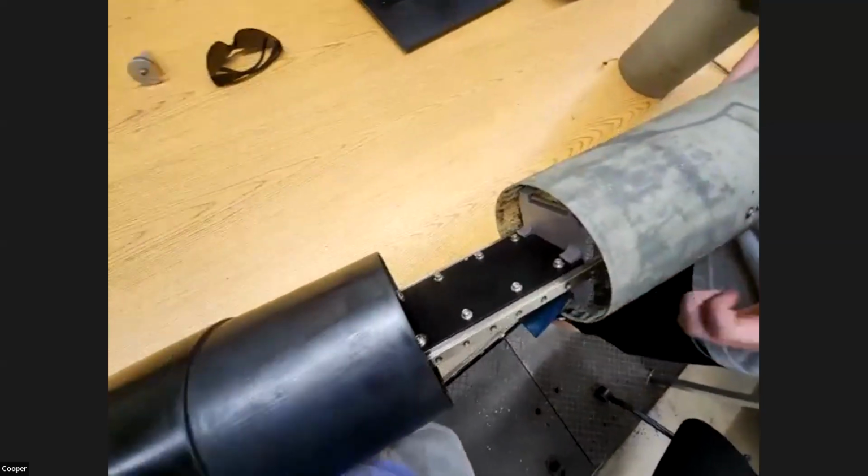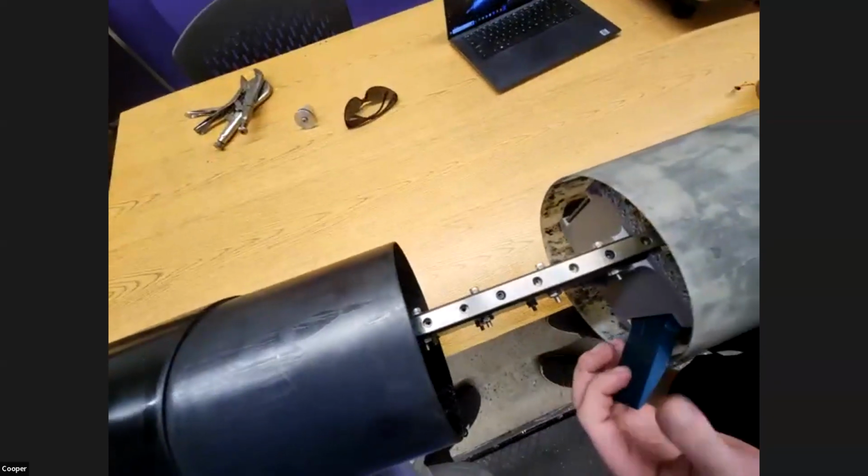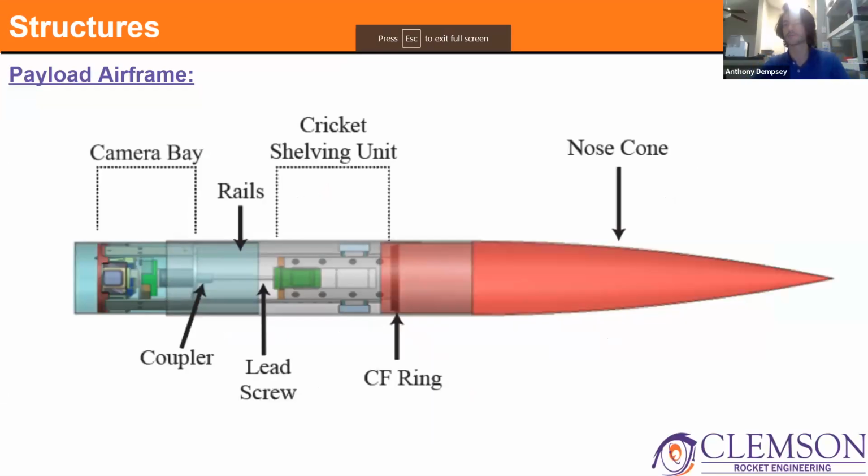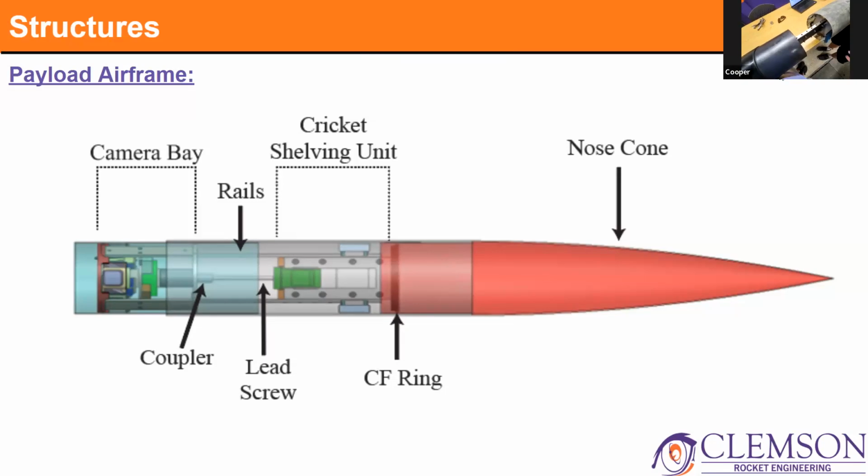Okay. So I'm gonna pull up the presentation again, just so that you can have hopefully a clear understanding of how this works. So the nose cone is fixed to, or Sarah, you can talk about this, you're payload lead.